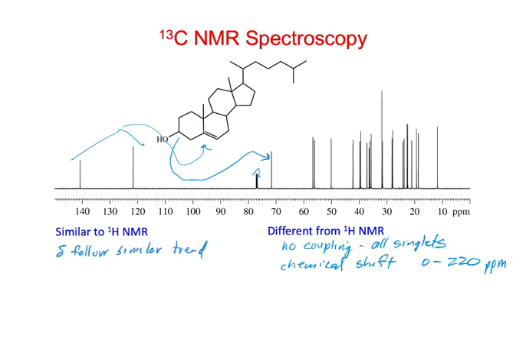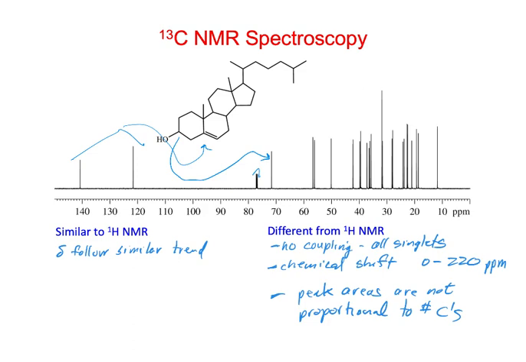Some other differences, one other difference that I'll put here is that it turns out, it's hard to tell in this case, but the peak areas, area under the curve, are not proportional to the number of carbons.